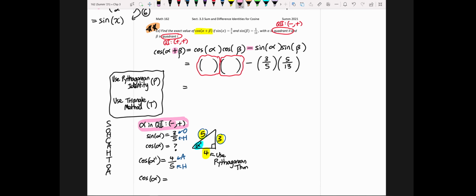Cosine is negative in quadrant 2. Cosine of alpha is negative 4/5. That's our first red circle. So cosine is negative in quadrant 2.